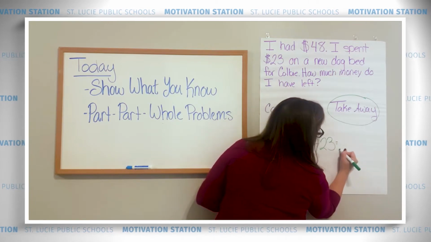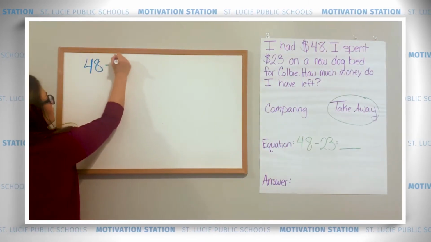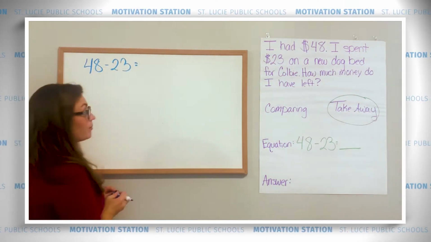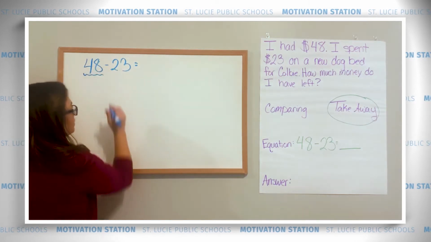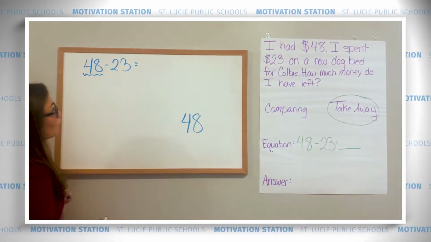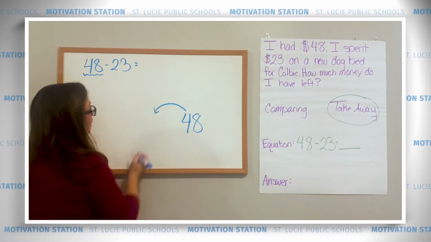And that's what we need to solve for. 48 minus 23. We know for our takeaway problems, we always start with the first number in our equation, which is 48. We are taking away, we're subtracting, so our arrow goes backwards.